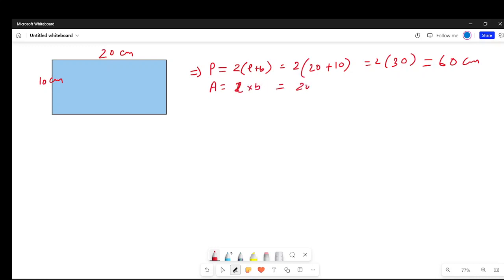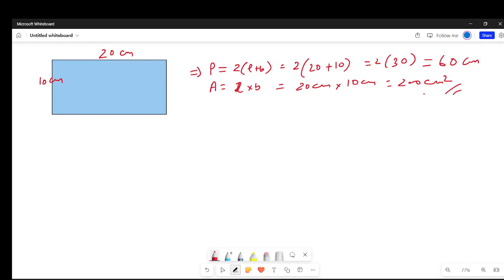L is given 20 centimeter and B is given 10 centimeter. Then 20 into 10, it will be 200 centimeter square. That is the result. So you are able to find out the area of the given shape.